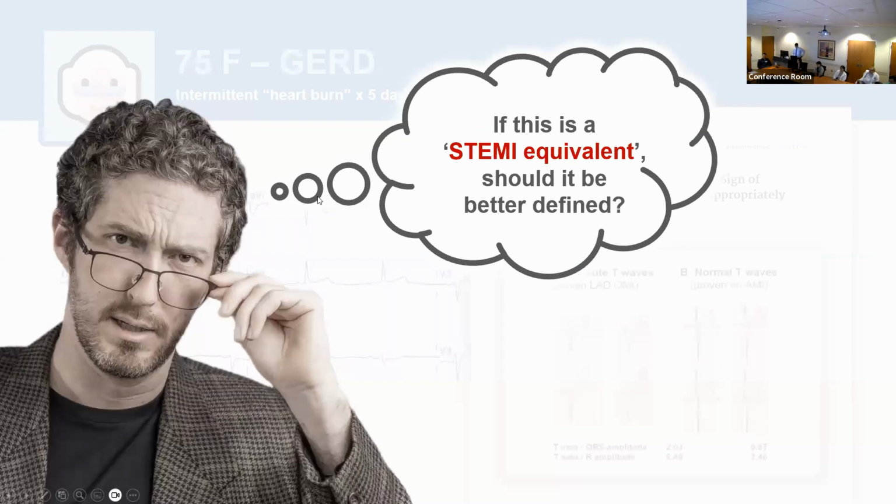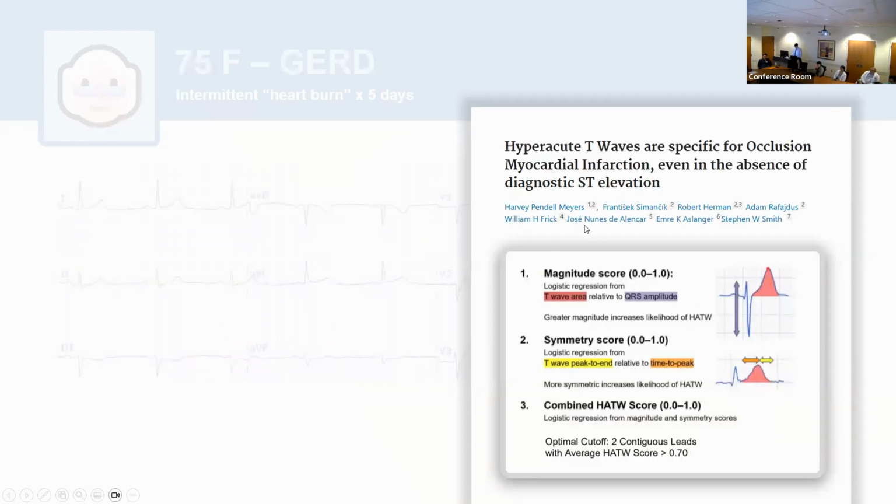But you might be wondering, if this is a STEMI equivalent, should it be better defined? The same authors of that prior paper currently have this paper under review, but they said it was okay for me to share some of their data. What they're doing here is applying machine learning to integrate the area under the T wave, comparing it to the preceding QRS complex.